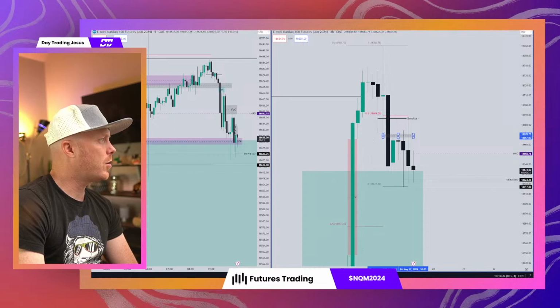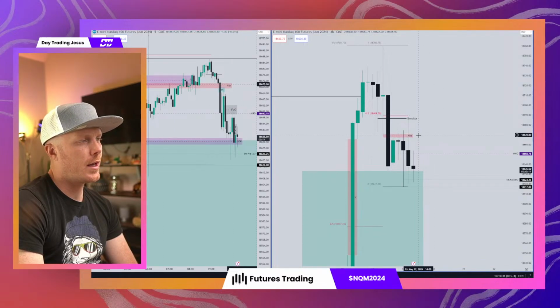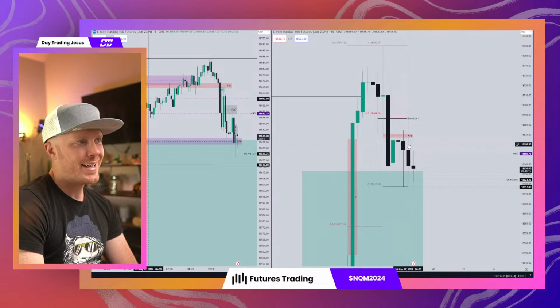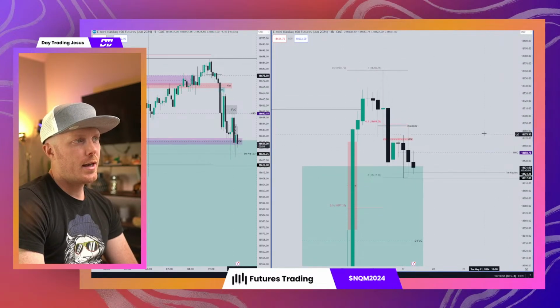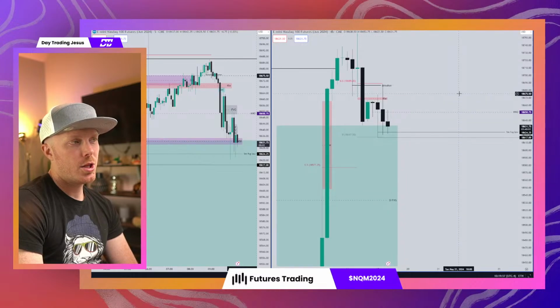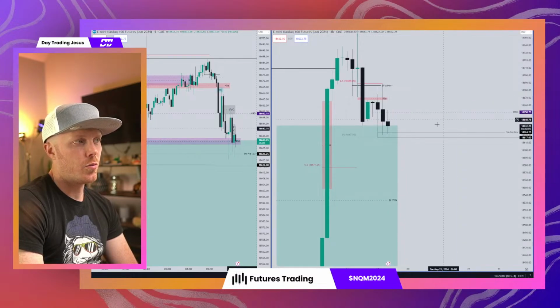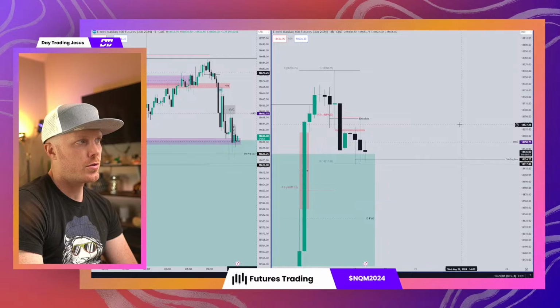The bodies have closed below this 4 hour fair value gap for 1, 2, 3, 4, for 16 hours. 16 hours, it has respected this level in regards to the bodies closing below it. That tells me there's a likelihood we want to see lower prices. That's a good sign as far as price goes.